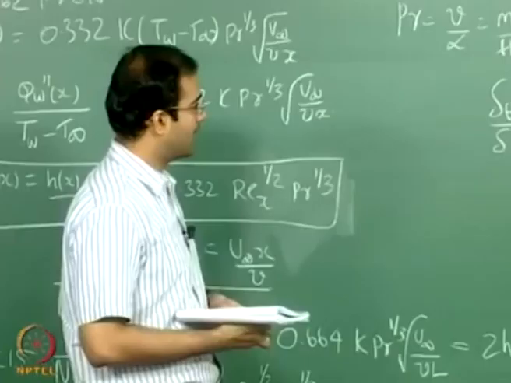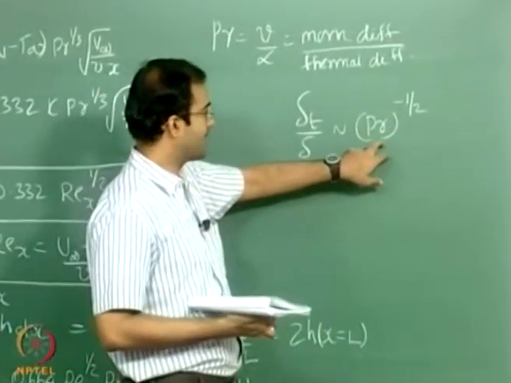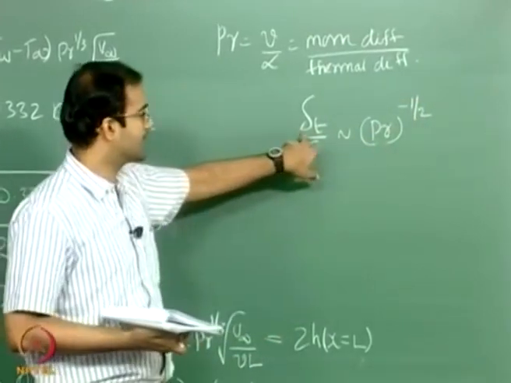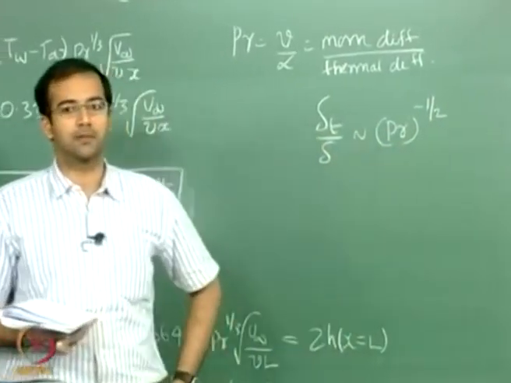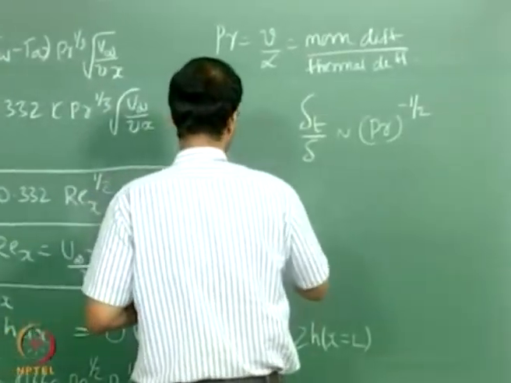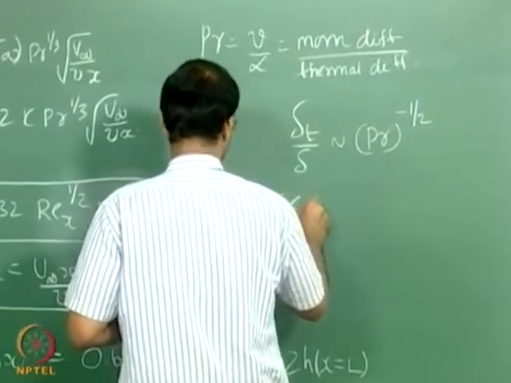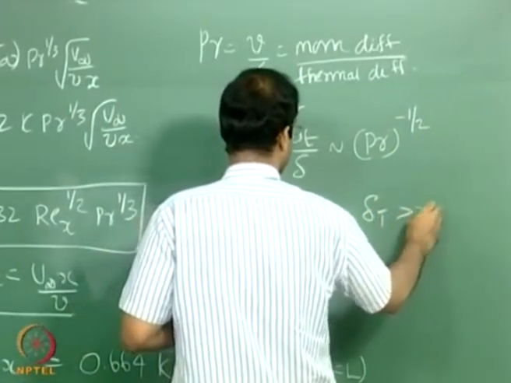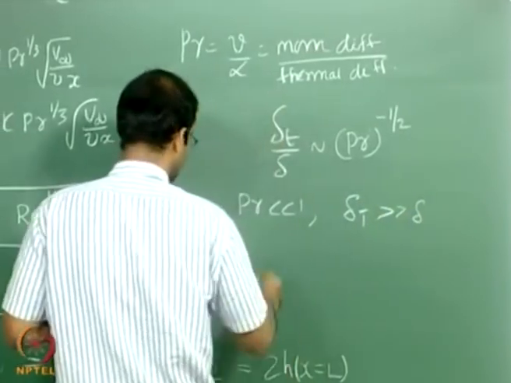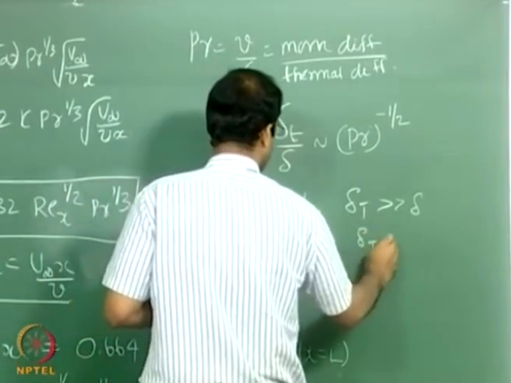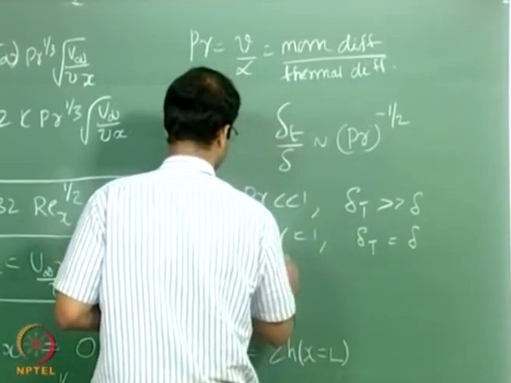For higher Prandtl numbers, this relationship becomes Prandtl number to the power -1/3, but nevertheless you can see that the thermal boundary layer thickness is inversely proportional to the Prandtl number. So if your Prandtl number is much less than 1, your thermal boundary layer thickness is much greater than your momentum boundary layer thickness, and for Prandtl number equal to 1, both are equal, and vice versa.